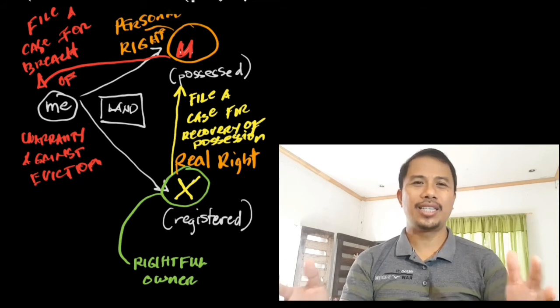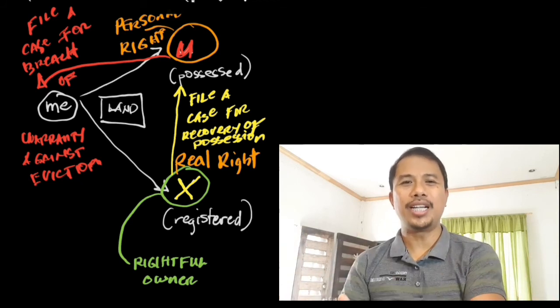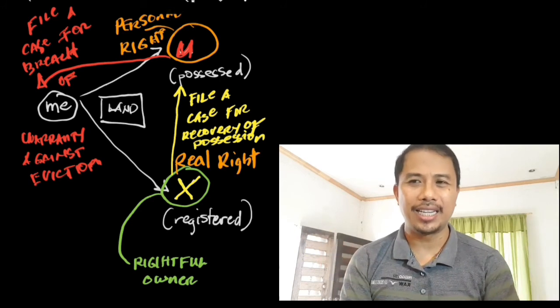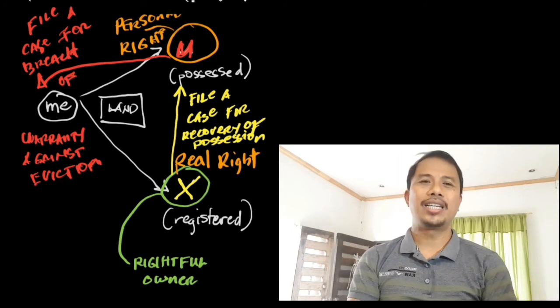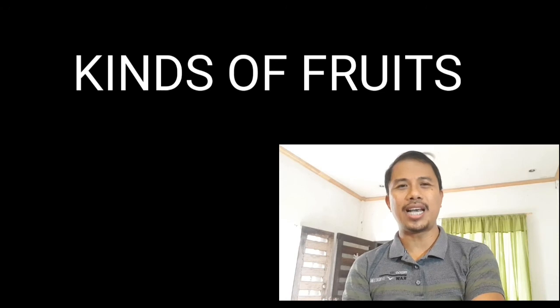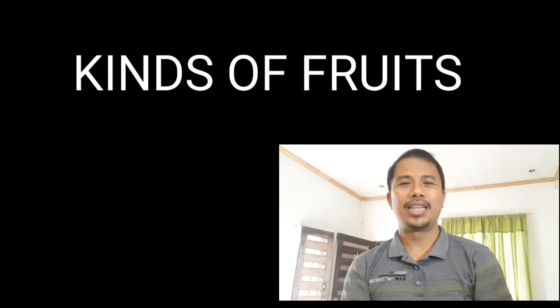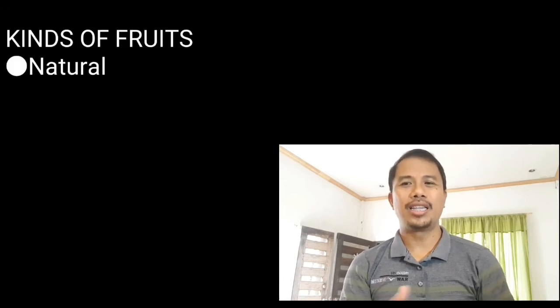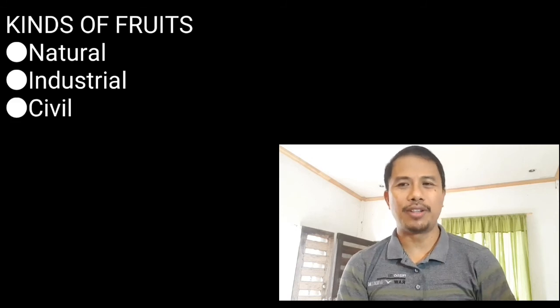So this is the difference between a personal right and a real right. There are three kinds of fruits discussed in the Civil Code of the Philippines. These are natural fruits, industrial fruits, and civil fruits.